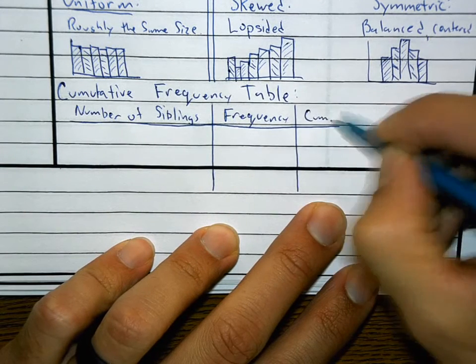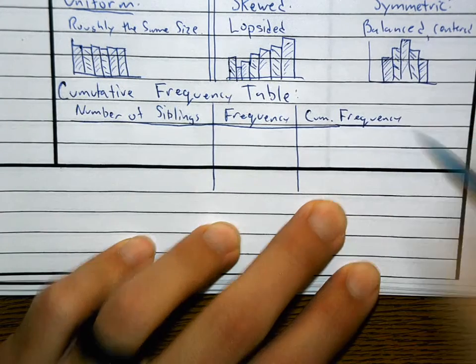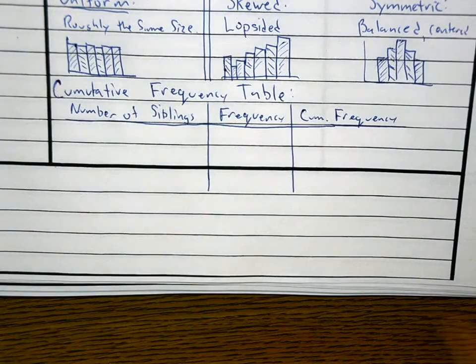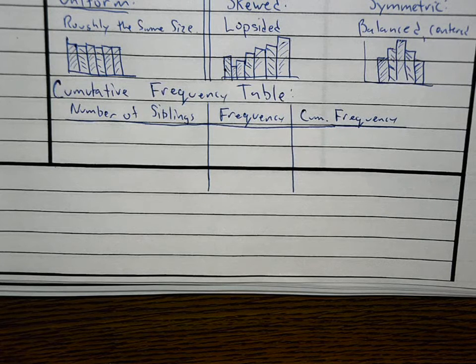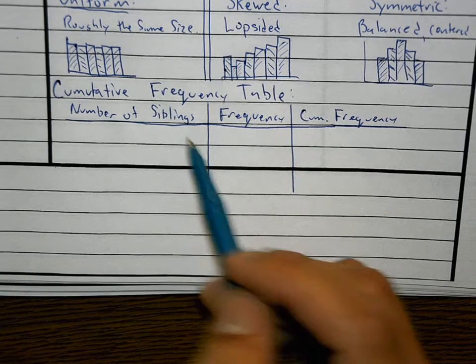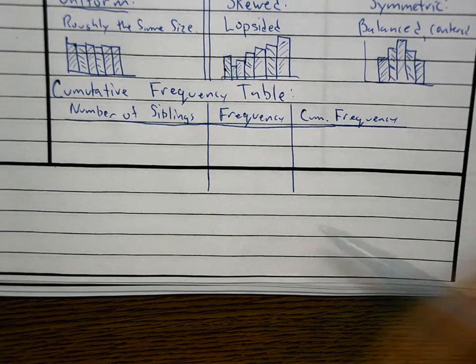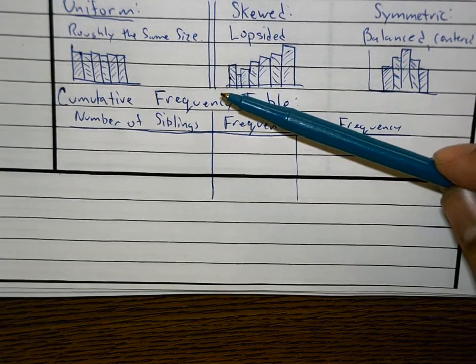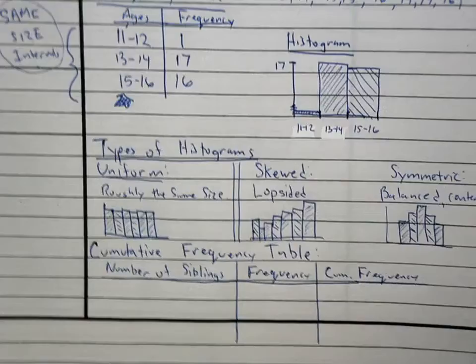Cumulative frequency. A cumulative frequency table has a third column. It's very similar to our frequency table that we had before, except there's a third column added to this.